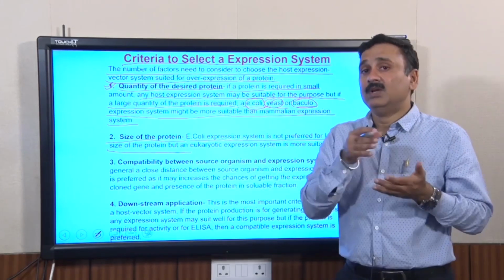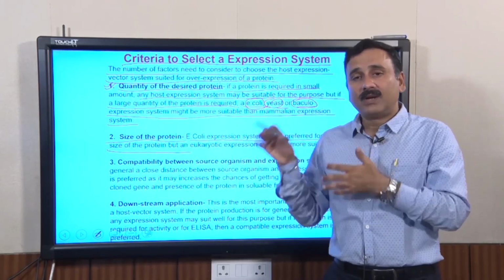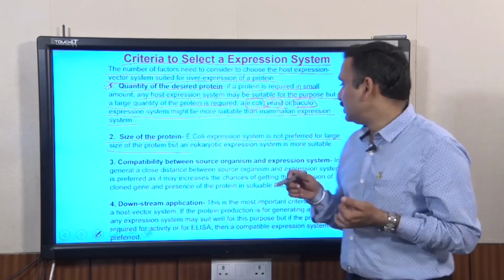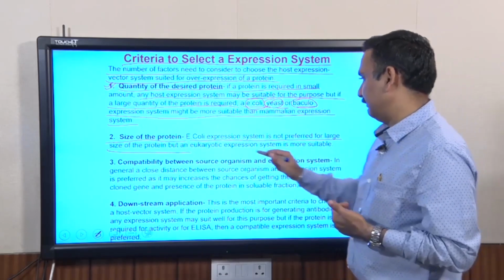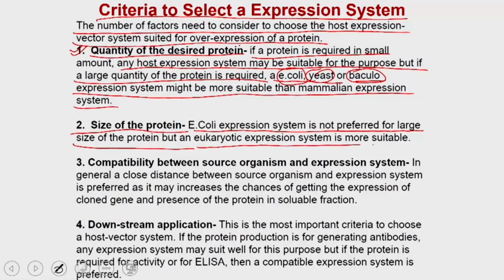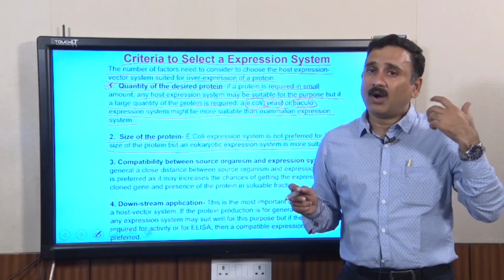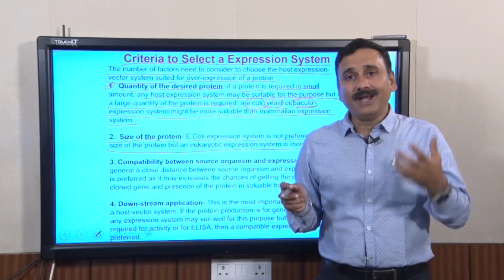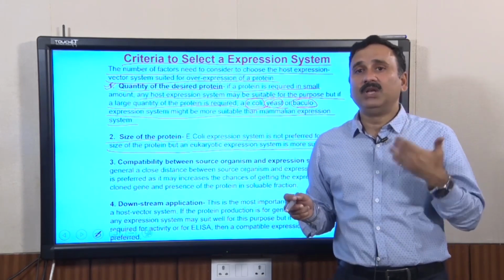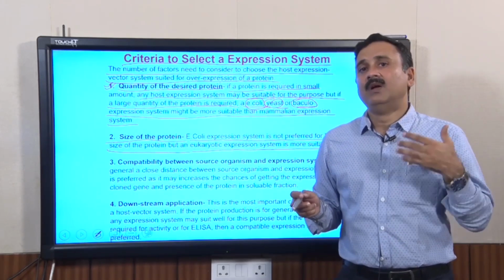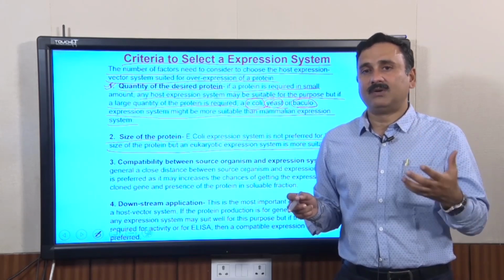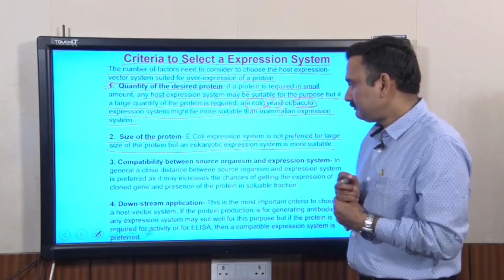In those cases you might have to use a eukaryotic system, either yeast or the mammalian expression system. So, if your protein is very large, the eukaryotic expression system has been optimized, or trained, in such a way that it overexpresses proteins of high molecular weight.